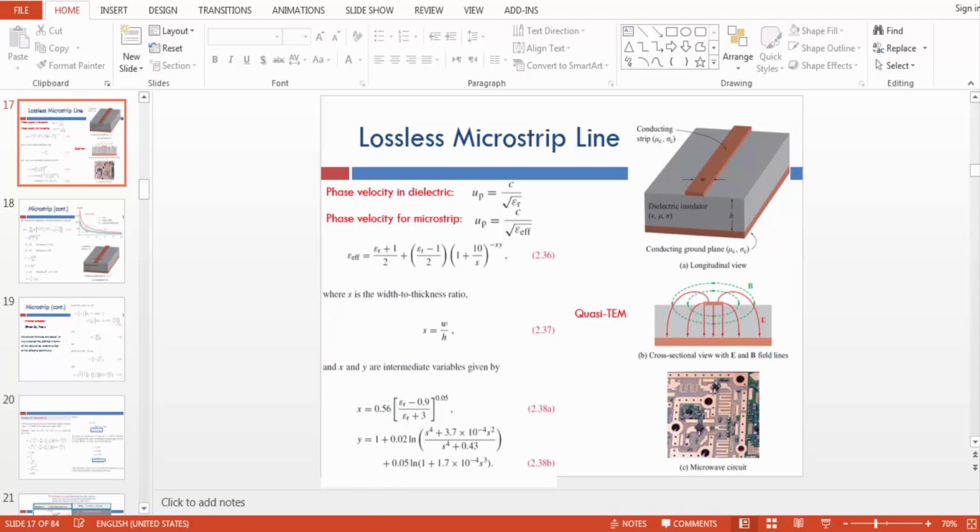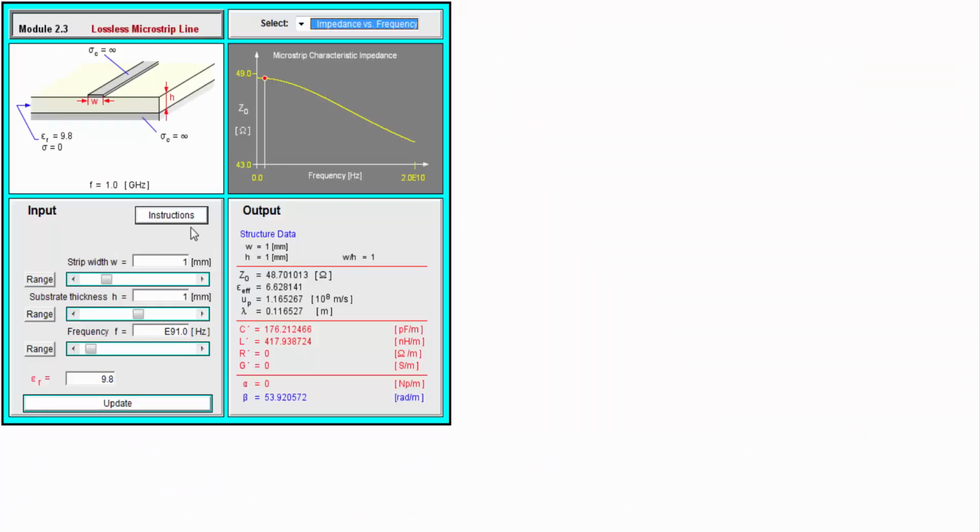So let's go back. Here we have, as we said, 1 millimeter width, 1 millimeter height, 1 gigahertz frequency. So the Z node, the characteristic impedance, is about 49, a little bit smaller than 49, sorry.